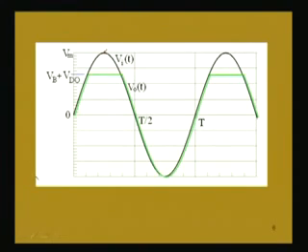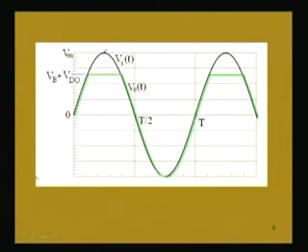So, till the point when input voltage is less than Vb plus Vd naught, the diode does not conduct. So, input and output voltage are same, and whenever Vi is greater than Vb plus Vd naught, the diode conducts and the voltage V naught will be equal to Vb plus Vd naught. We get a constant voltage across the output terminals. So, V naught will be Vb plus Vd naught.